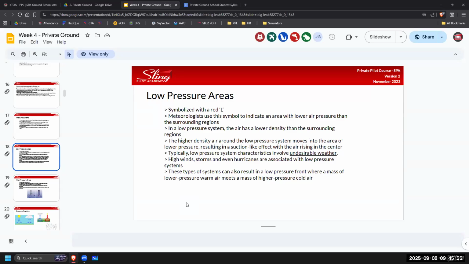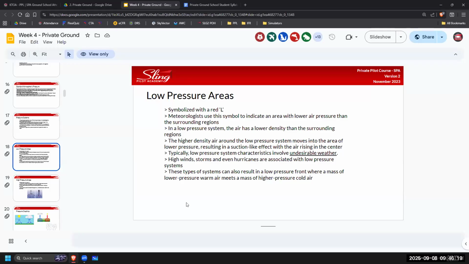That's that upward, inward motion, counterclockwise. If I'm screwing a lid on, I'm moving clockwise and I'm pushing down and outward. Does that make sense? This is how you're going to remember how the low and high pressure systems move.